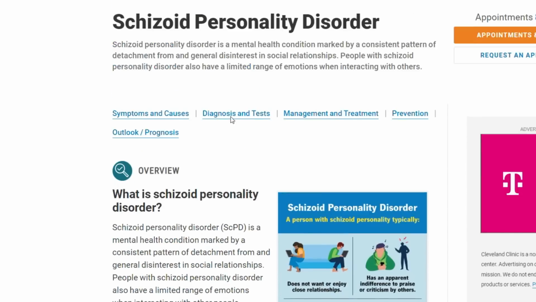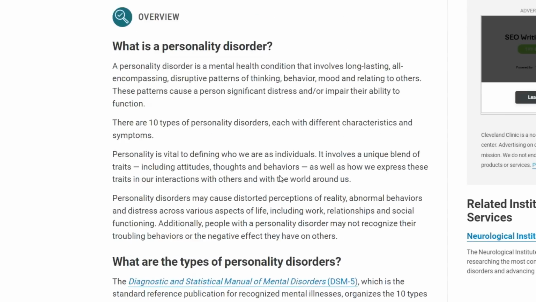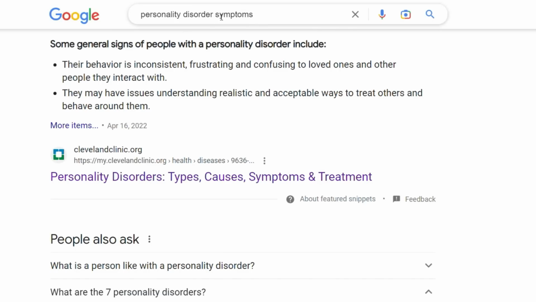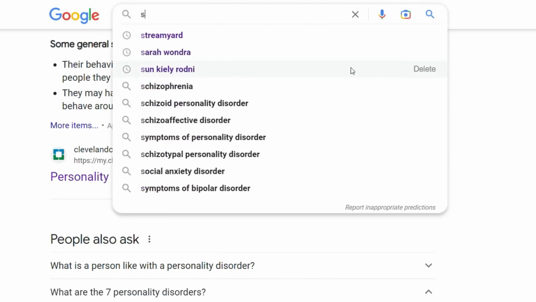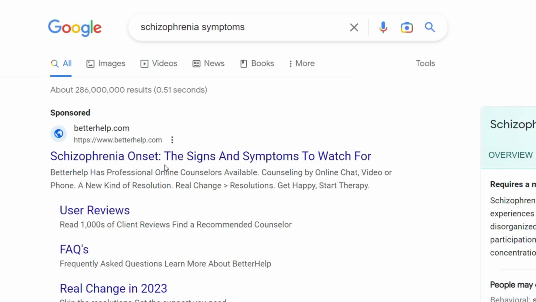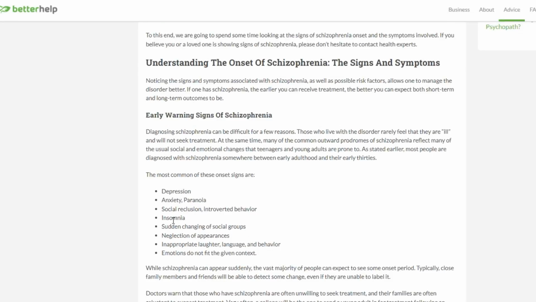I'm sure he does have VS, but I think he could have an overlap of something more going on. Let's just look up his symptoms in general, because those were actually the personality ones, but let's just see. Schizophrenia, the main symptoms: insomnia, anxiety, depression.